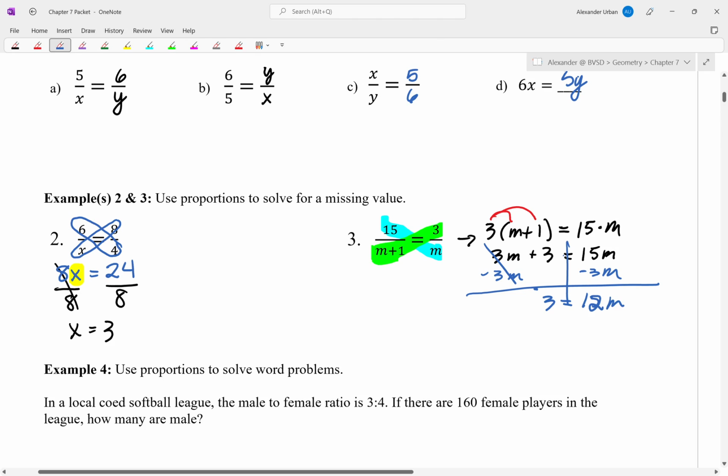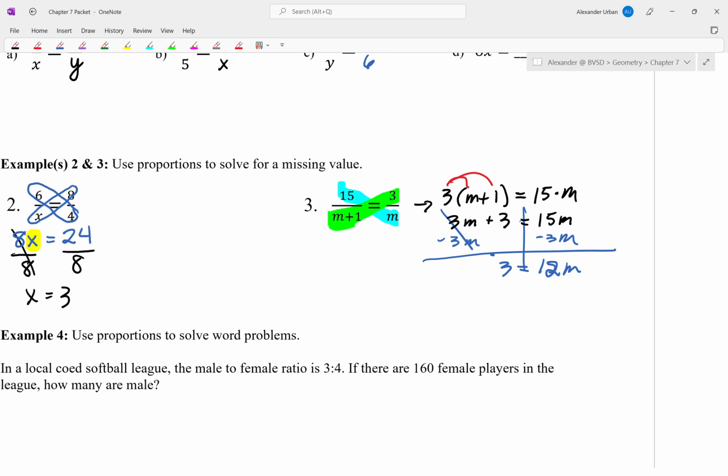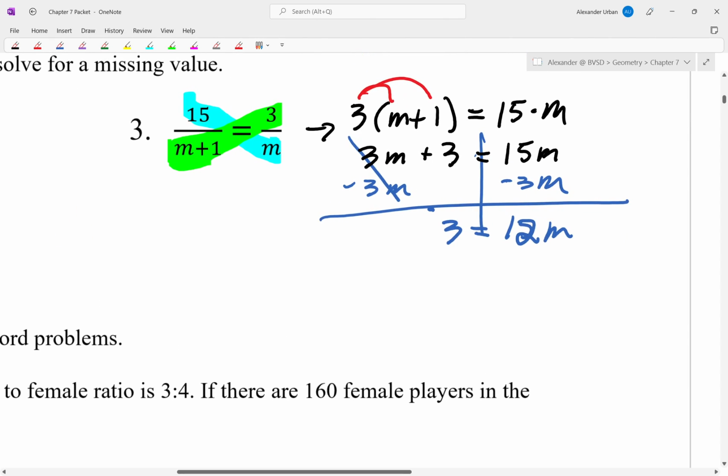Now this is where most people are going to make their mistake because they want to not solve for m's. They want to get rid of the 3 for some reason, but we are solving for m, so we need to get rid of the 12. And the way that 12 is attached is by multiplication, so we need to divide both sides by 12. Now here is a key feature in this: if we have a little number divided by a big number, it's going to make a tiny number.